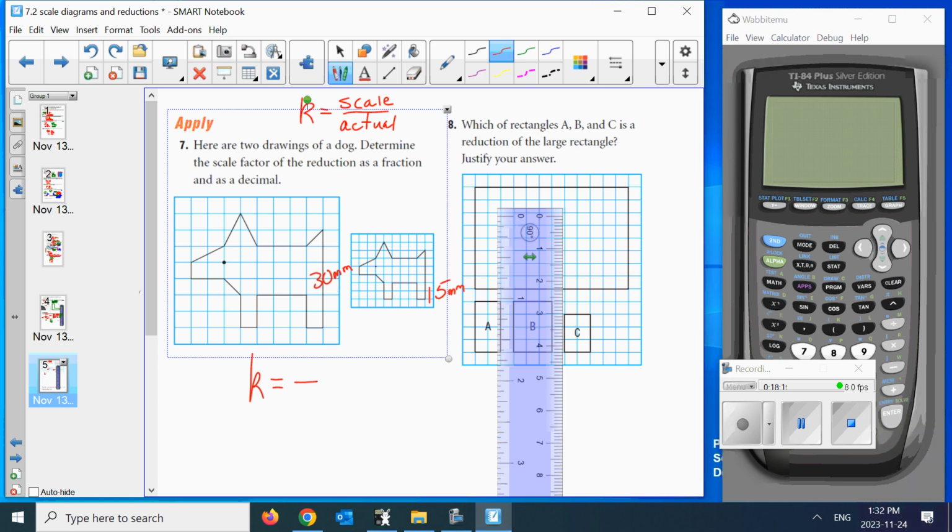So this is a reduction. So 30 compared to 15 on here. That's your fraction. And as a decimal, 15 out of 30, which is also 1 out of 2. You can put that. But 15 out of 30 is a fraction. If you put this in a calculator, it comes up to be decimal 0.5.